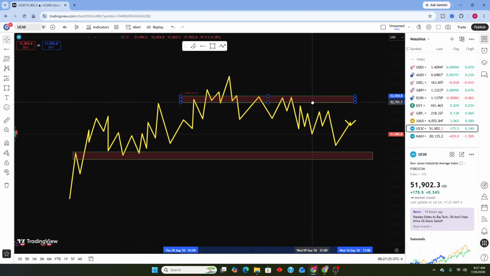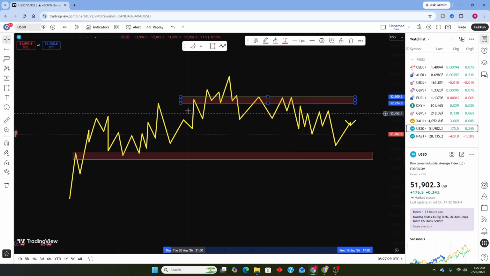So I prefer to put it here, and now we have some respect. You understand? As well as we broke through the highs, bounce, bounce, bounce, came through, you respected it, bounce, bounce. So now what are we expecting for price to do? Either bounce off of here to go up, or come above here, bounce off here, and shoot up, right?